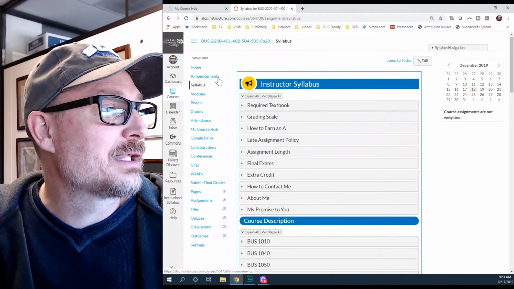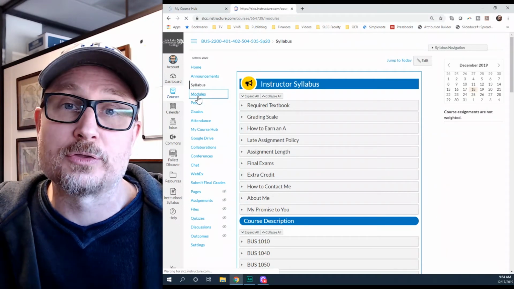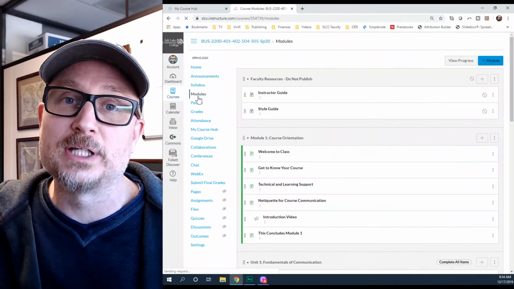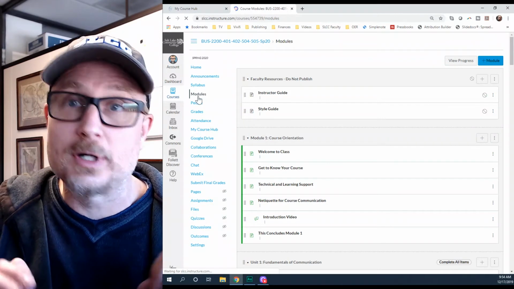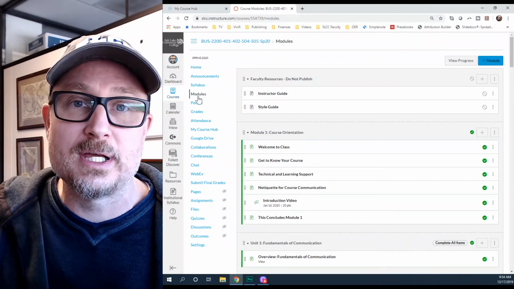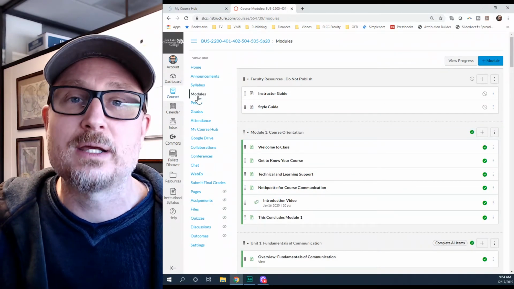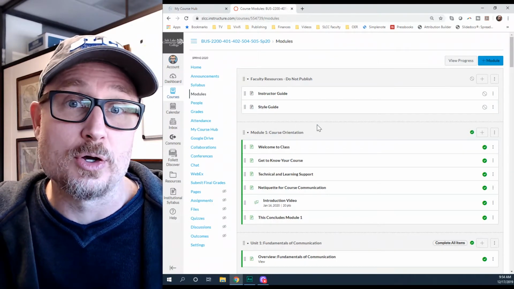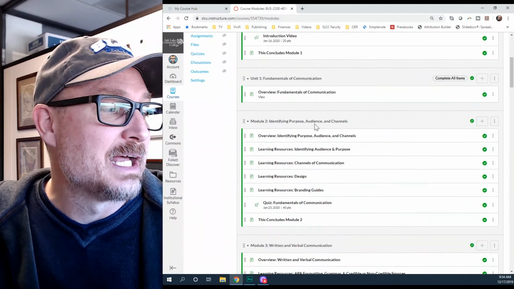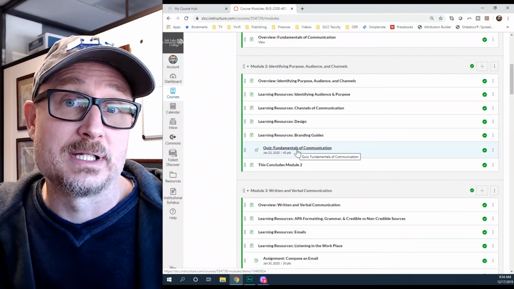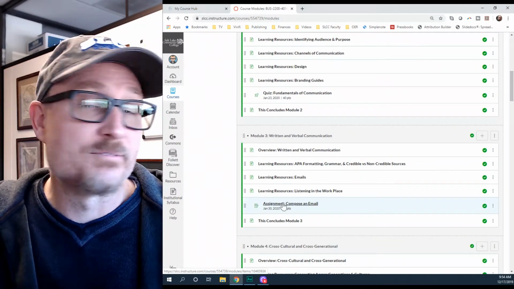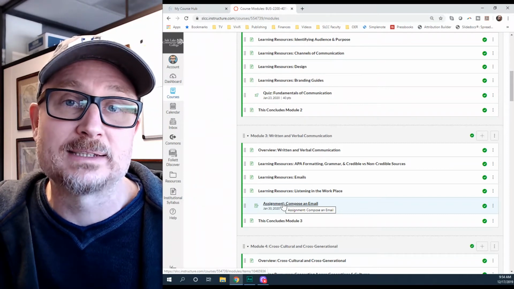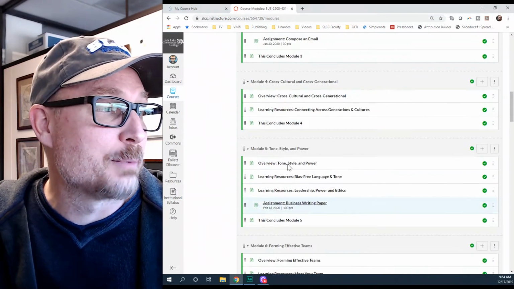Of course, we then come back over here and we can look at the modules. There's a module for each week. Like I said before, they are not the same sort of thing repeated every week. Each one is designed a little differently. Nevertheless, you can go ahead and scan through these. As you do, seeing these little indented things, the vast majority of weeks have at least one assignment due.